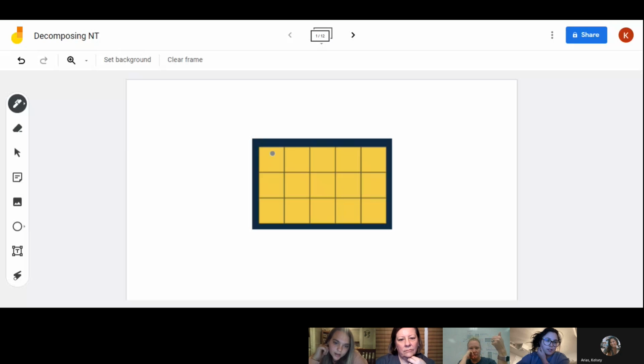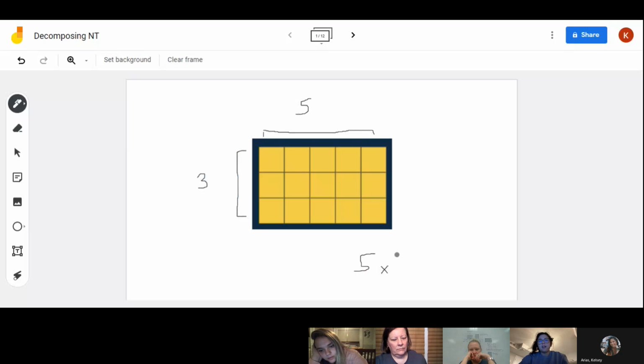Yeah, so I saw 5 squares across the top, and I saw 3 squares going down. And so I multiplied 5 by 3 and got 15.